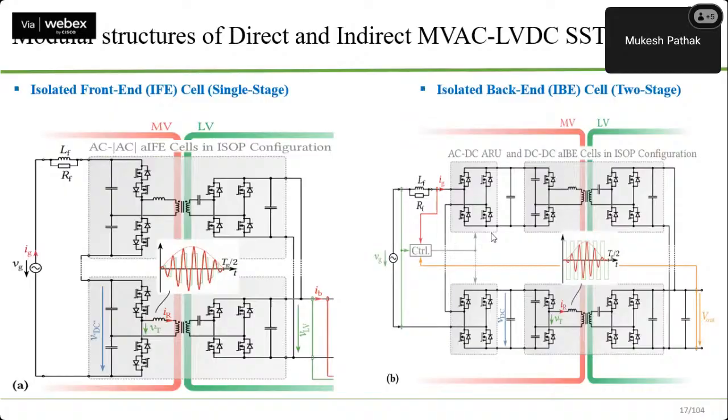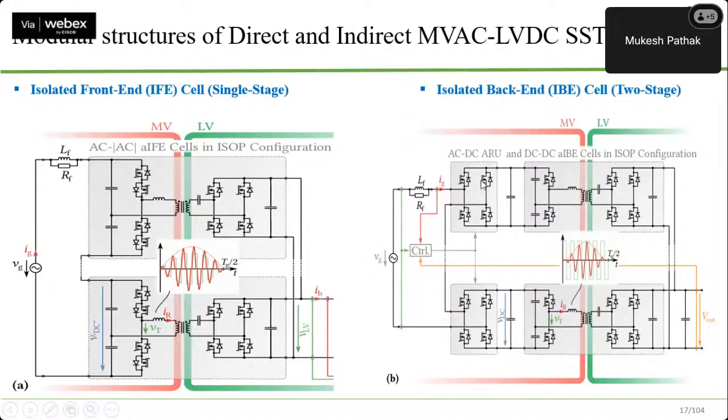Modular structure of direct and indirect, MVAC and LVDC SST. Now you can see here, this is one cell, this is the input side, and this is the output side. The input sides are connected in series, and the output sides are in parallel.